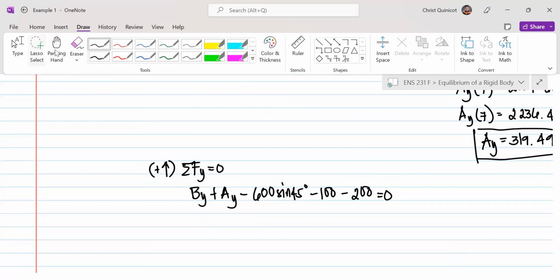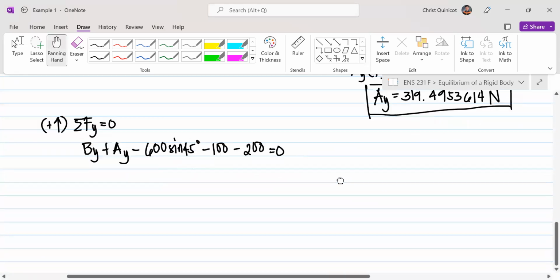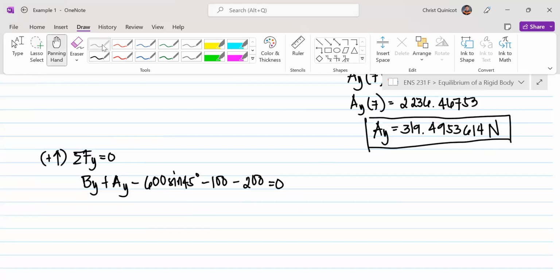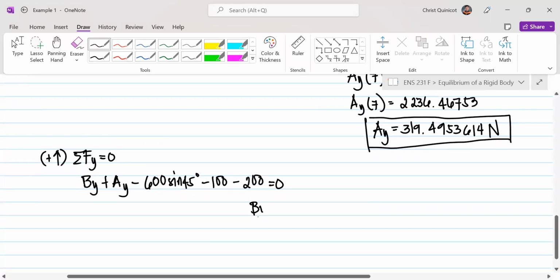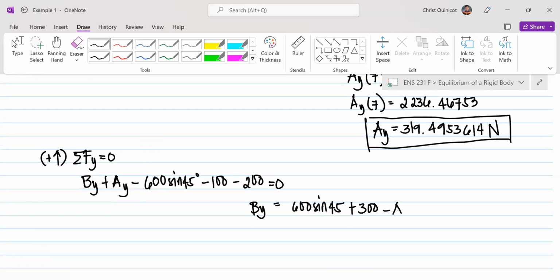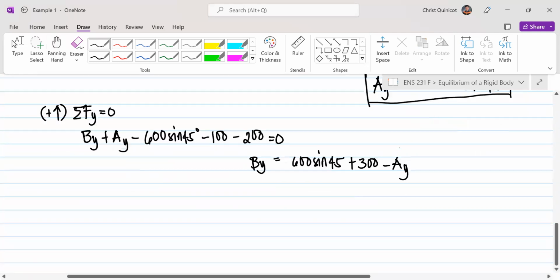So therefore, we solve this equation in terms of B sub Y. That is, B sub Y is equal to 600 sine 45 plus 300, right? Because 200 plus 100, and then minus A sub Y. Now our A sub Y is 319, right?